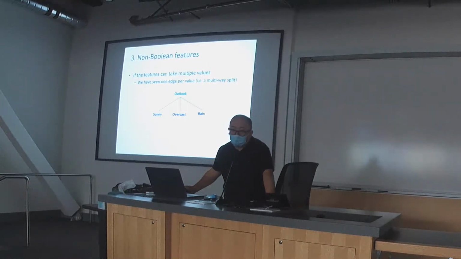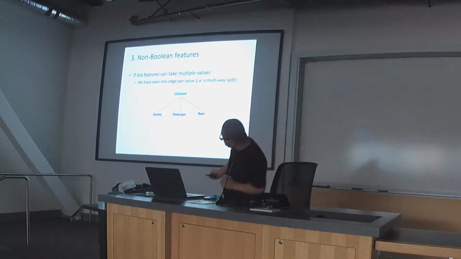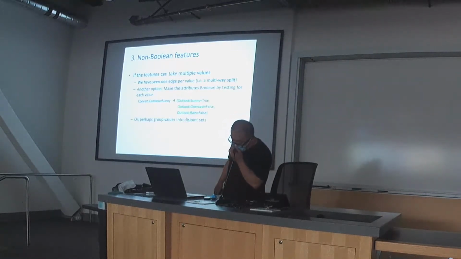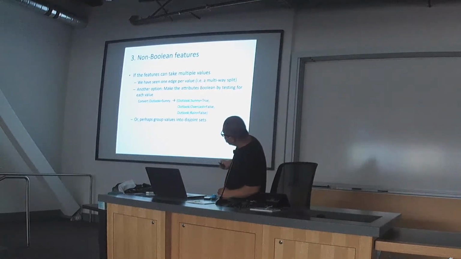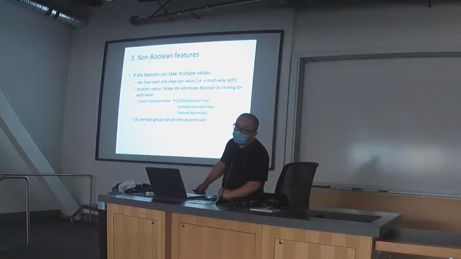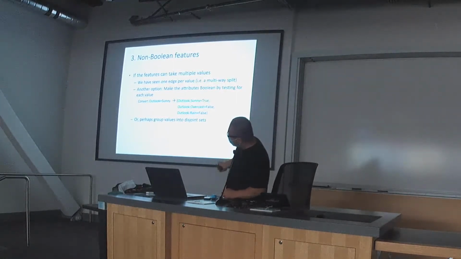A common strategy is that, according to each distinct value that the feature can take, we convert it into a binary feature. Take the Outlook feature as an example. Now I'm going to throw out this Outlook feature. Instead, I convert this feature into 3 binary features: if Outlook is sunny, if Outlook is overcast, or if Outlook is rainy. So now we no longer have this categorical feature Outlook.